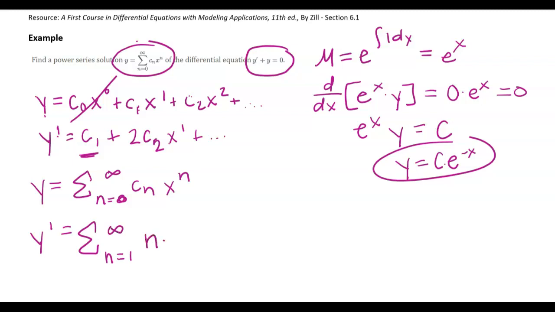So I'm going to have n times c_n, x to the n minus 1. Again, I can't start this at 0 because then I'd have x to the negative 1. It's not a polynomial anymore. So when you take these derivatives and you take that n down, know that your series actually starts at n equals 1 now, with C1 x to the 0, right? So I need to make sure that I have that here. And you can go through and verify that these are the same thing.